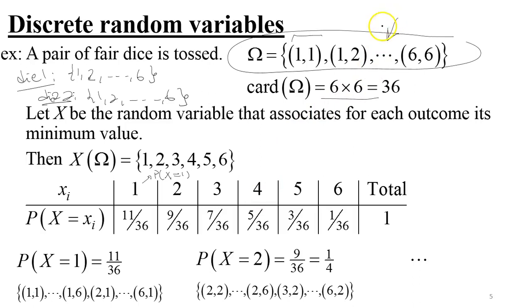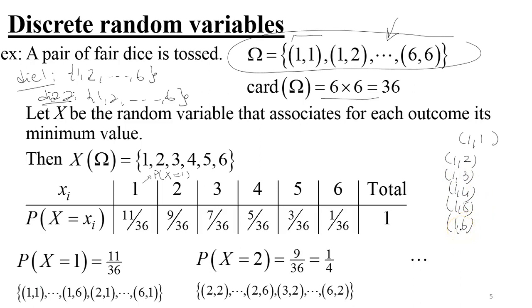So in order to count how many we have here, don't forget that we have (1, 1), of course, with a minimum equal to 1. Then we have the ordered pairs that start with 1, which are 1 with 2, 1 with 3, 1 with 4, 1 with 5, and 1 with 6.